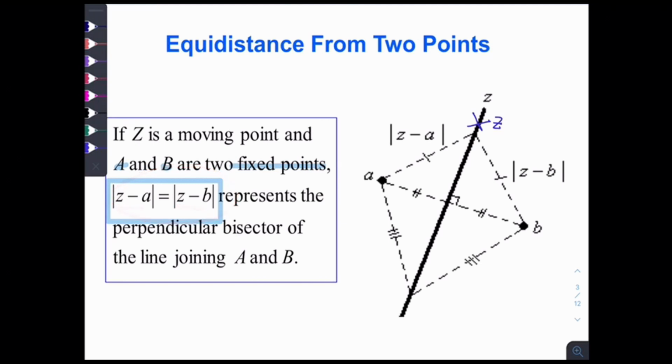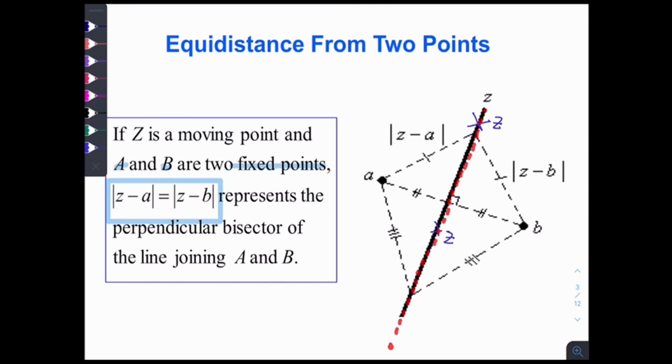So let's check. If my z is over here, is the distance between z and a the same as the distance between z and b? Yes, it is, right? Now let's check another point. Let's say my z is over here, and you check the distance. The distance between z and a is the same as the distance between z and b. That is why z is all around here, and that's how it forms this line.